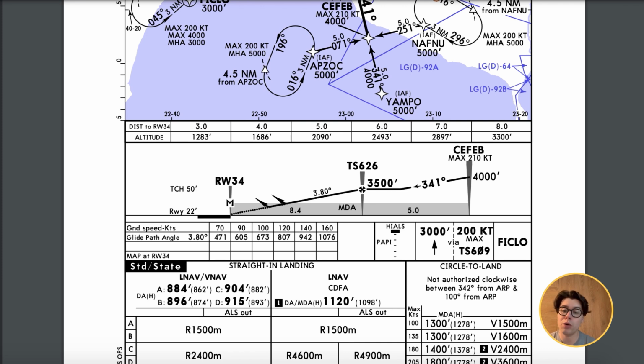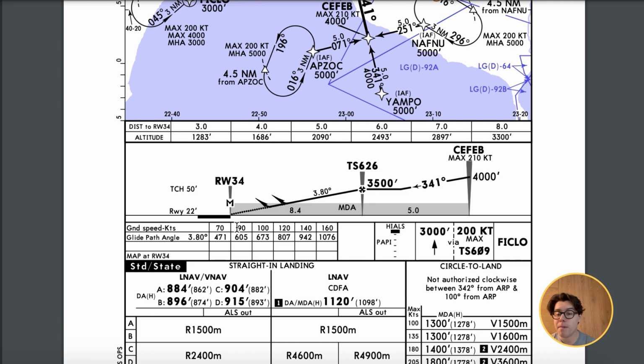However, I just wanted to show you on this chart. This is again the chart in Saloniki. So this is a chart which gives you non-precision approaches. So LNAV/VNAV, which is a 3D approach, and LNAV mandating a CDFA approach, which is a 2D approach. You can see these arrows, these dictate your DA. So this shows you, when using the decision altitude, where your go around will be.